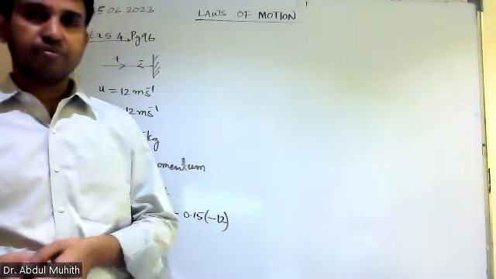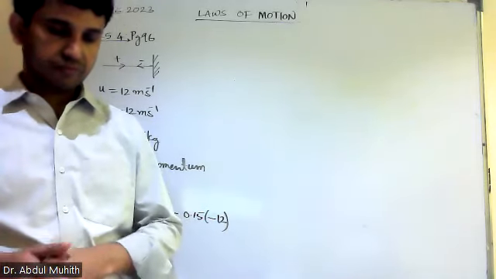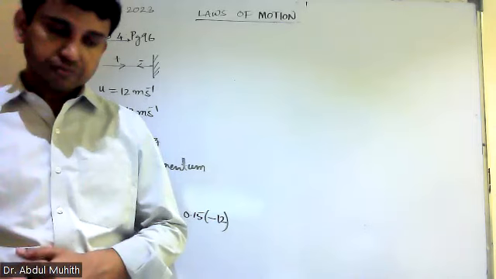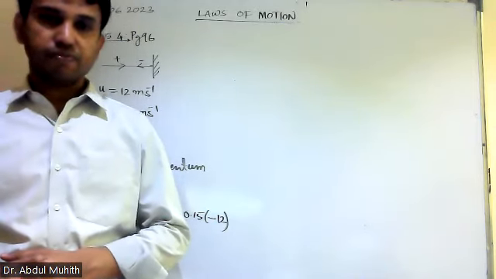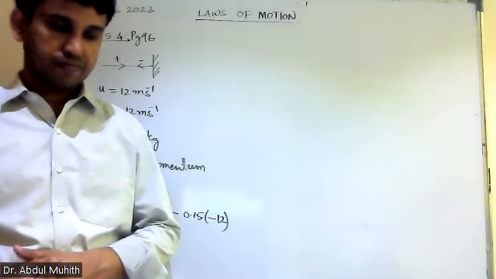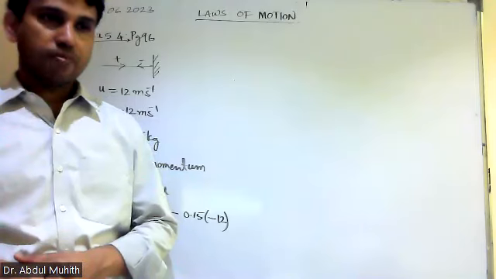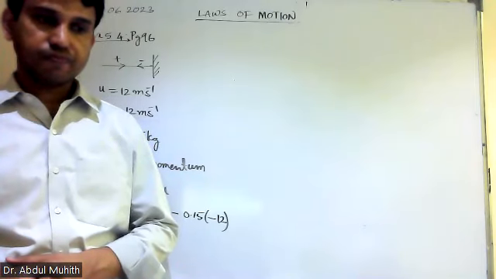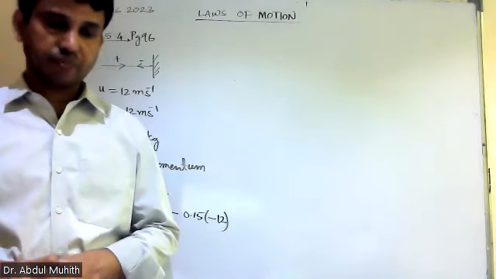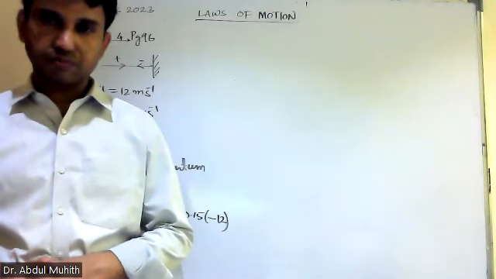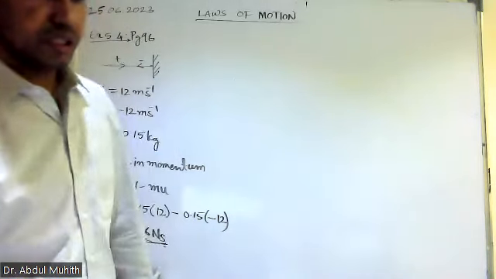What is the maximum velocity formula for motion of a car on a level road? Velocity is square root of mu rg. Yeah, very good. Just a second.